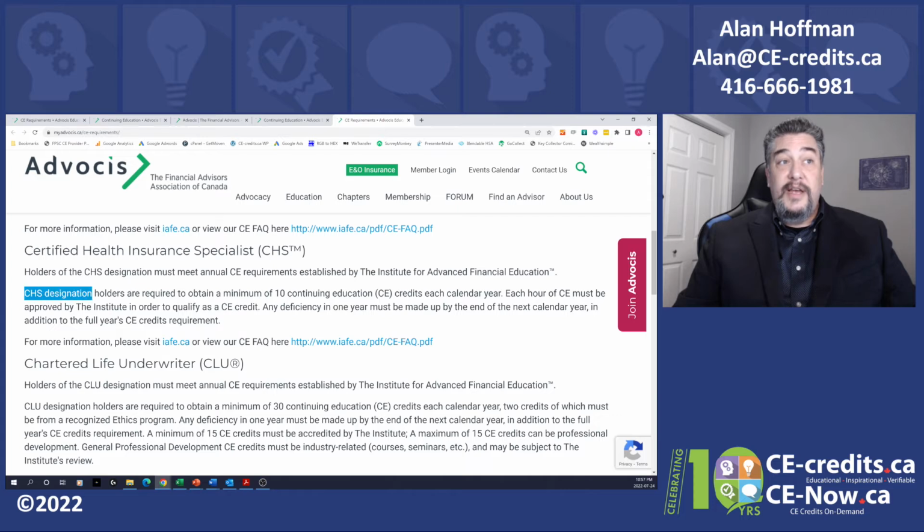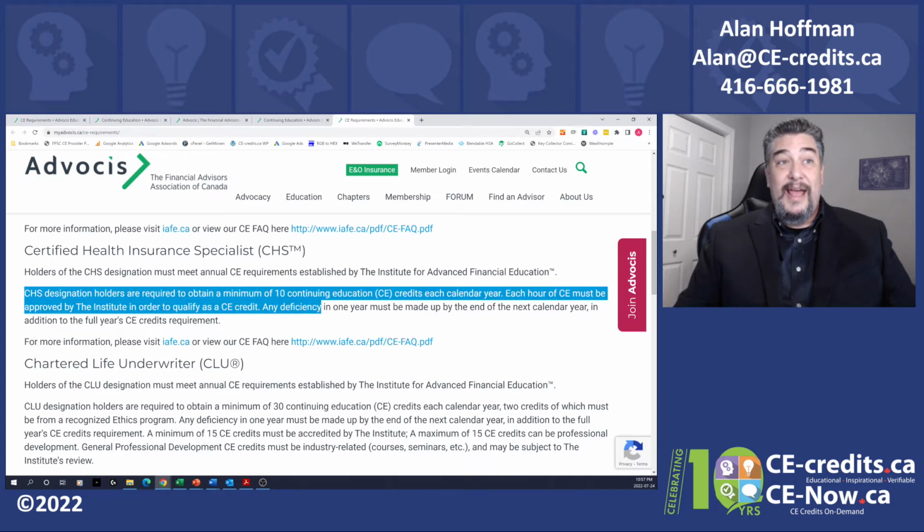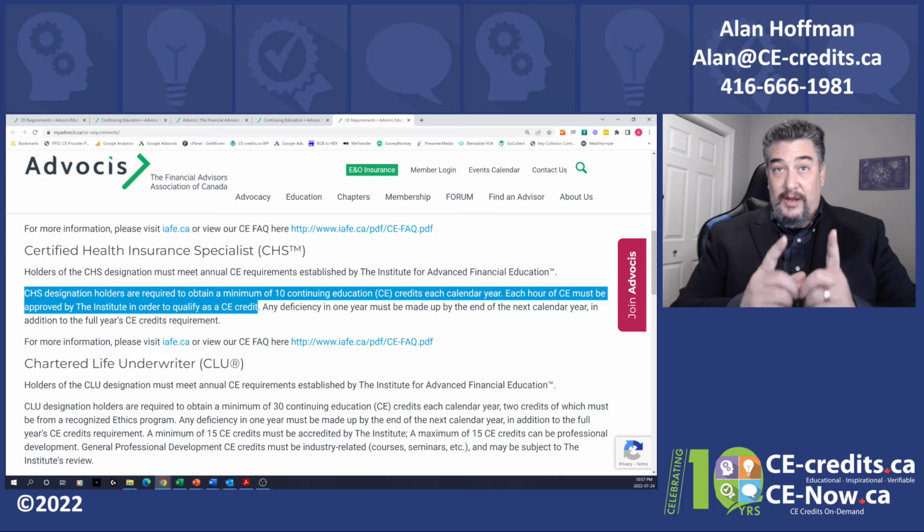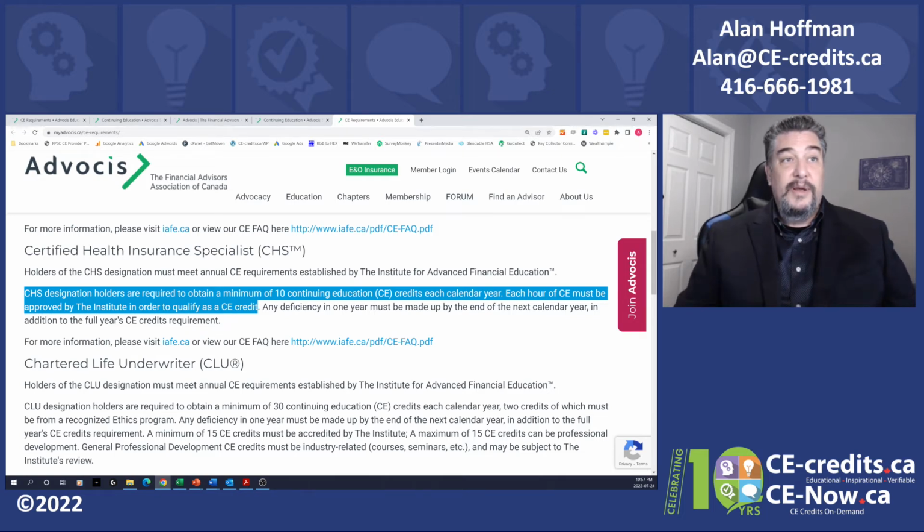Now, each CHS designation holder must get a minimum of 10 CE credits each calendar year, again, calendar year. And when it says minimum of 10, you need 10. And those must be accredited by the Institute itself. So again, all 10 credits for the CHS designation must have that IAS accreditation number, those 3 letters at the beginning of the accreditation numbers.